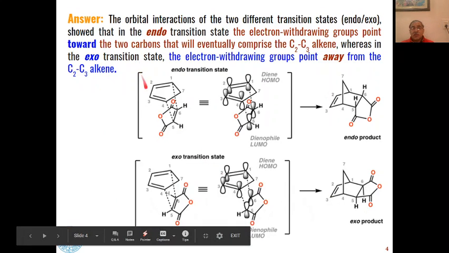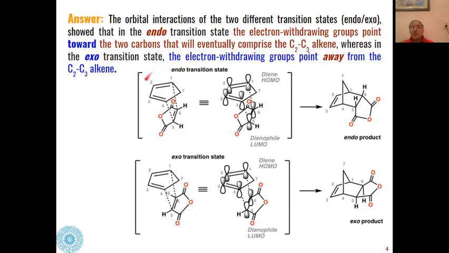Now for example, if we are having this as the diene and this as the dienophile, then the orbital interactions of these two different transition states, endo transition state and exo transition state, when studied, it was found that the endo transition state is such that electron withdrawing groups point towards the two carbon atoms that will eventually comprise the C2-C3 alkene.